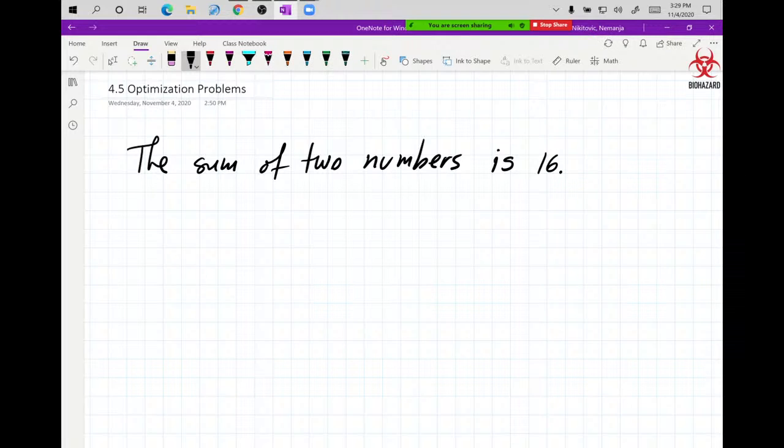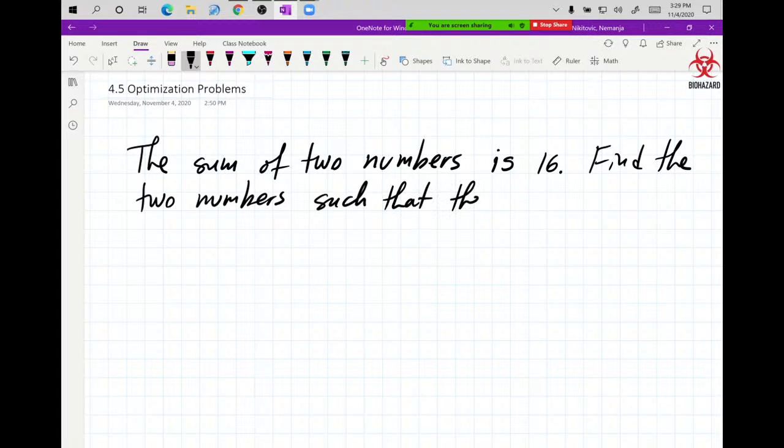The sum of the two numbers is 16. Find the two numbers such that their product is maximum. So this is what we have.